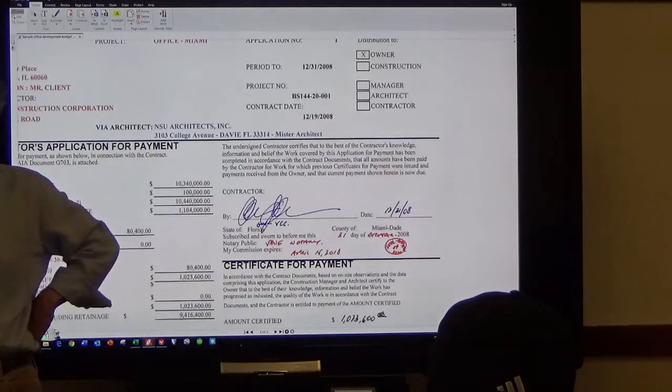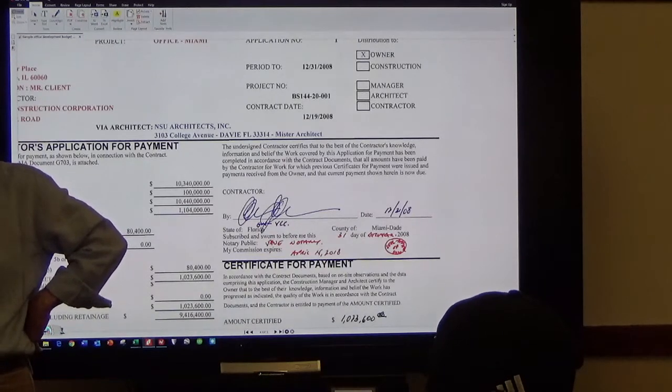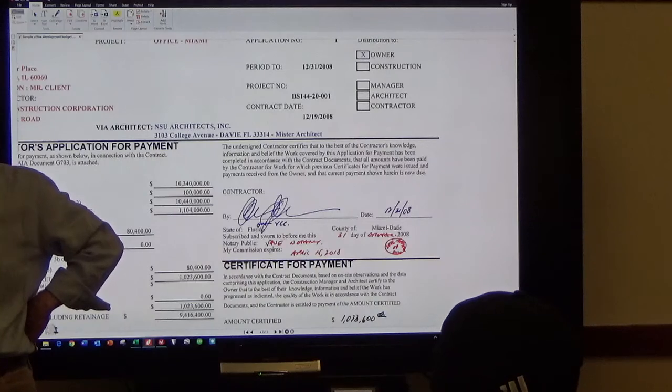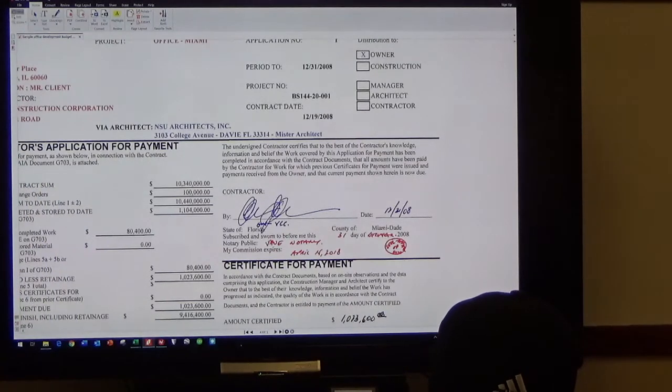You typically exclude materials from that because any materials that are billed to you need to be paid by the contractor to a third party. But the way you protect it is you pay him, but you're holding some money back to make sure that he's incentivized and has money to finish work when it's time to go through the punch list and finish out the things that he has to complete.